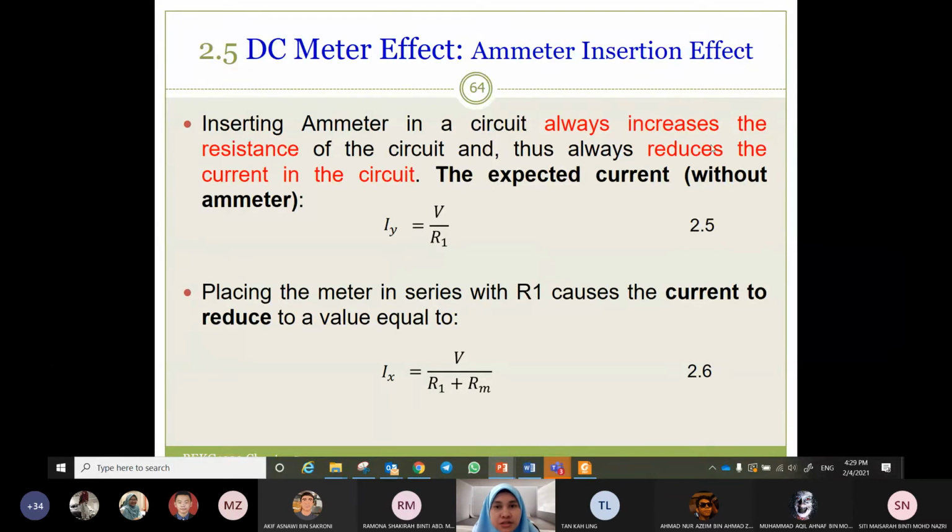Inserting an ammeter in a circuit always increases the resistance of the circuit. For a voltmeter, loading will reduce the voltage because of Ohm's law. Inserting an ammeter increases the resistance of the circuit and thus always reduces the current because V is equal to IR, where I is equal to V over R.